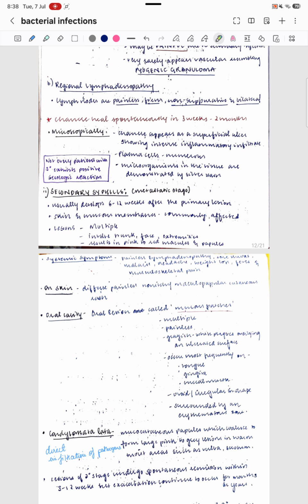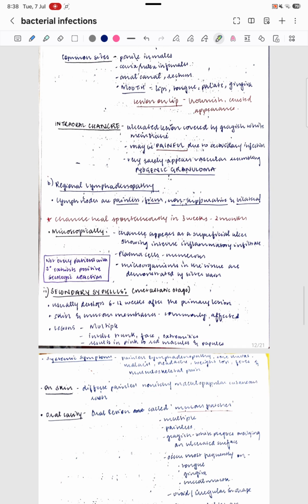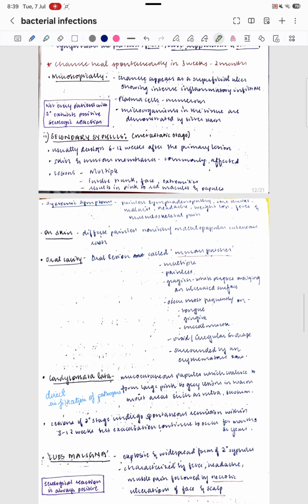The primary chancre heals spontaneously in 3 weeks to 2 months, after which secondary syphilis follows. Viewed microscopically, this chancre appears as a superficial ulcer showing intense inflammation and plasma cells, with microorganisms demonstrated by silver stain. Now, coming to secondary syphilis, it usually develops 6 to 12 weeks after the primary lesion.